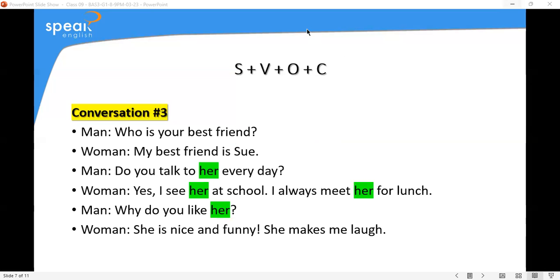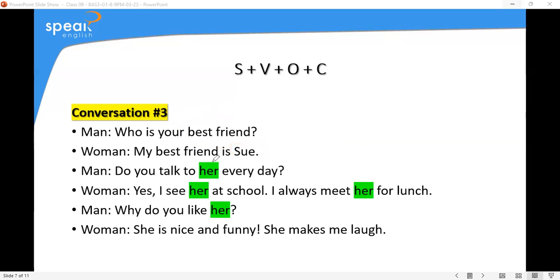Let's check some information for these structures. At the beginning, I'm just asking a question about the best friend. When the person answers me, she tells me that the name of the best friend is Sue. So I know that Sue is a girl.